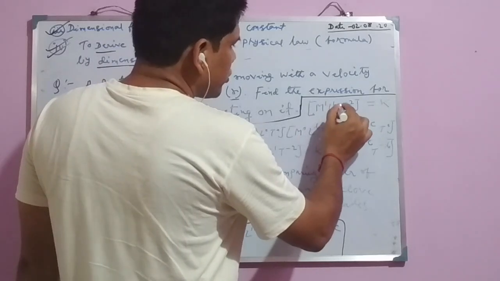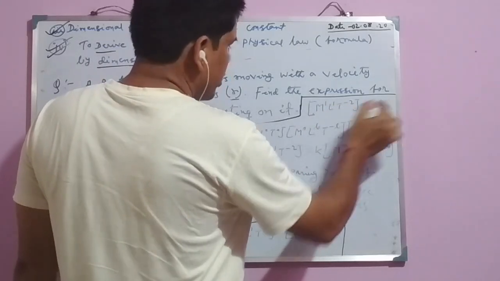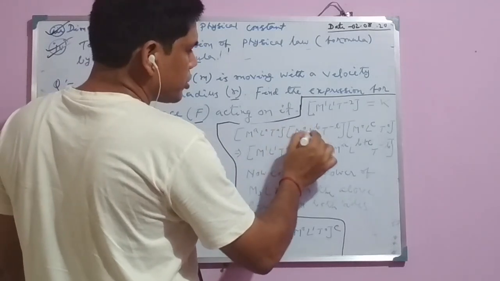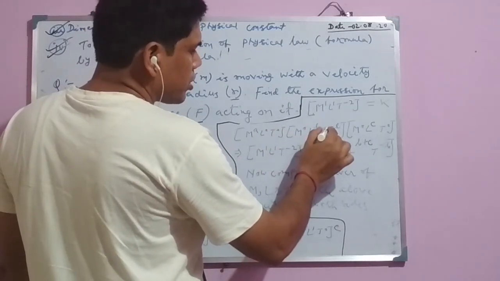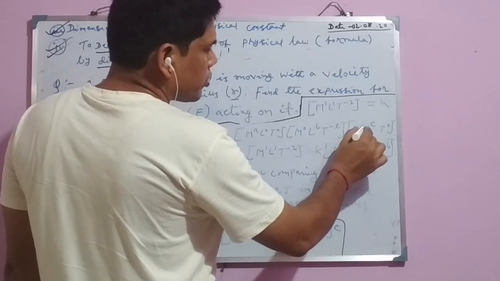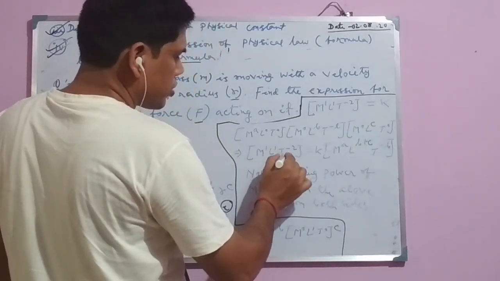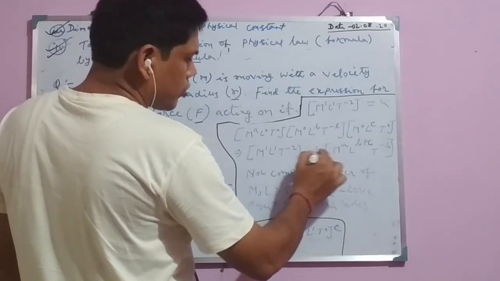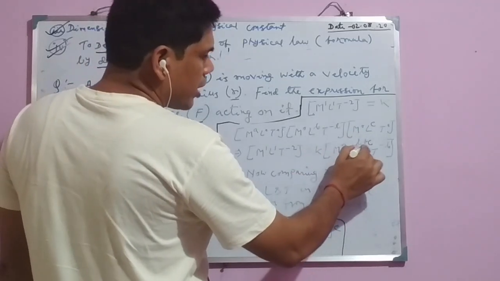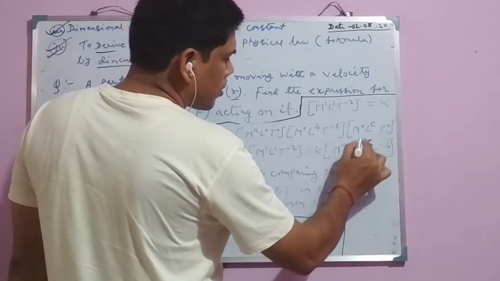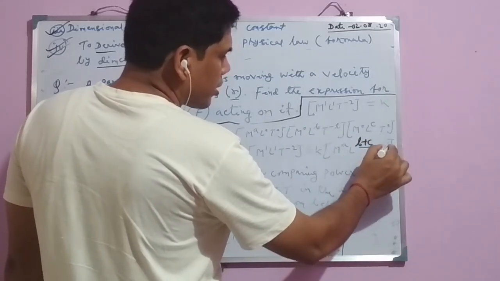Now M to the power 1, L to the power 1, T to the power minus 2 equals k times M to the power a, L to the power 0, T to the power 0, times M to the power 0, L to the power b, T to the power minus b, times M to the power 0, L to the power c, T to the power 0. This gives M to the power 1, L to the power 1, T to the power minus 2 equals k into M to the power a, L to the power b plus c, and T to the power minus b.